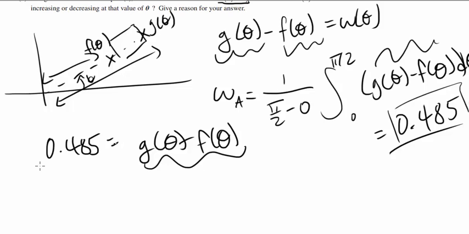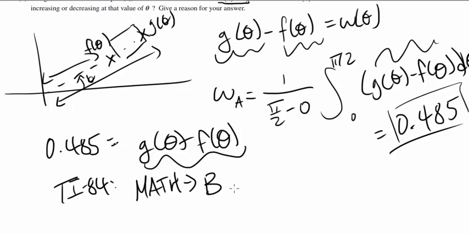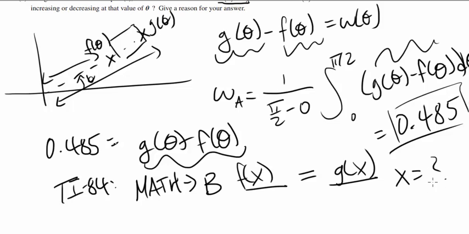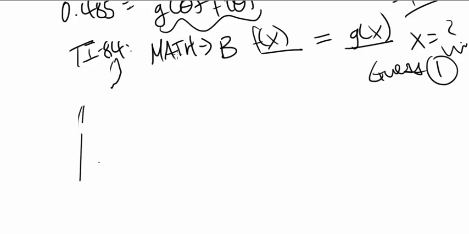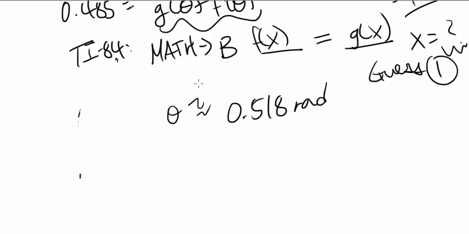For a TI-84, I recommend clicking math, and then clicking B, and that should get you a numeric solver where you can plug in the left side of the equation, set it equal to the right side with some variable, and it will tell you what the variable is. And make sure for the guess you plug in something like 1, something in between 0 and pi over 2, and you should get a value. You should get a value of 0.518 radians.